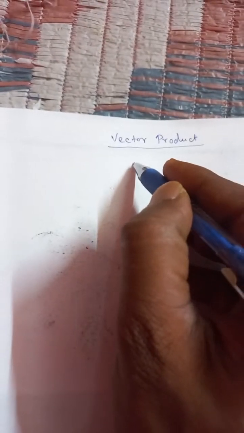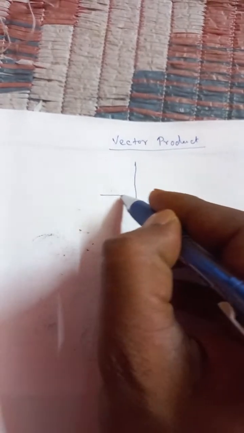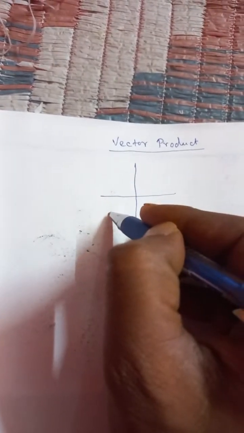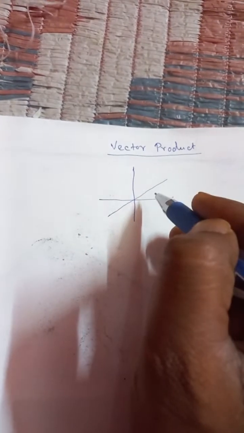Let's study our vector product. First I discuss our vector product. We are taking a 3D diagram, meaning three axes, x-axis, y-axis and z-axis, to understand vector product.